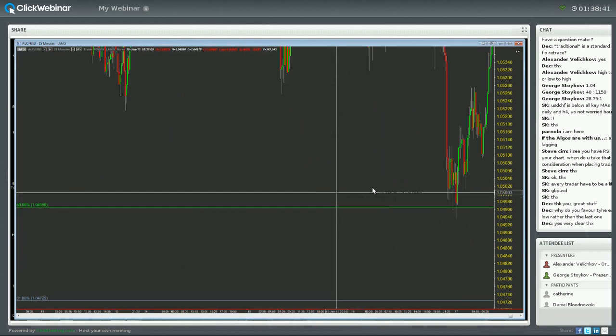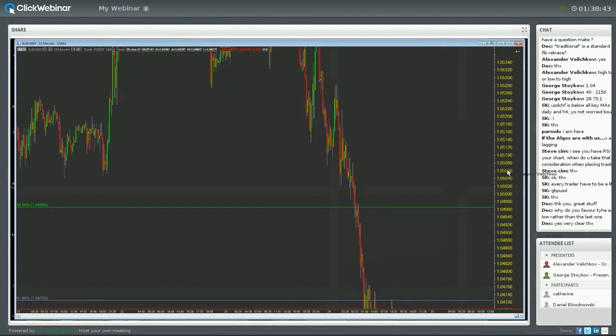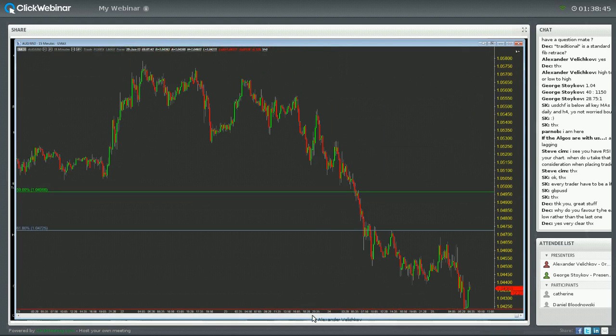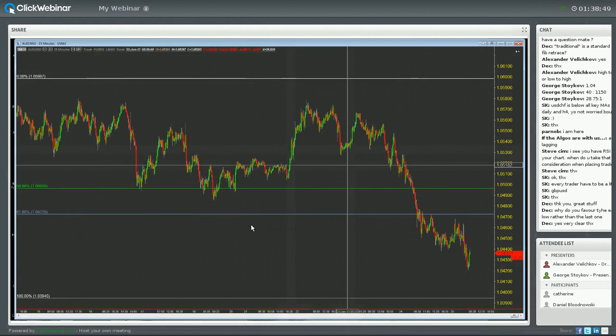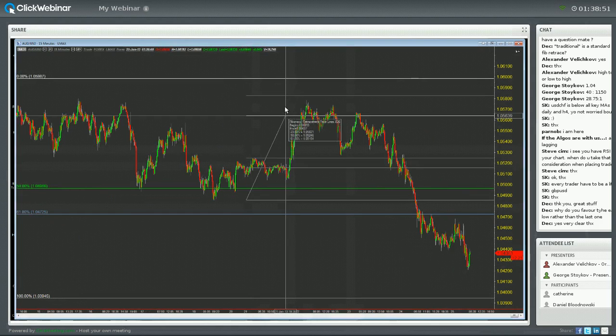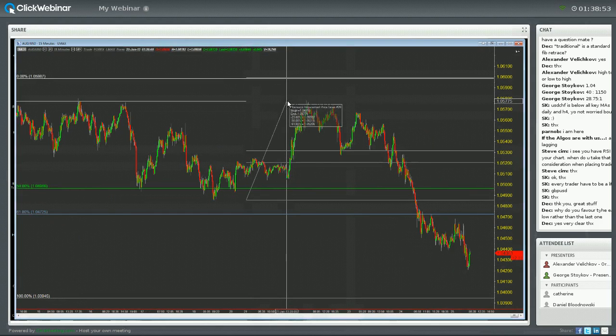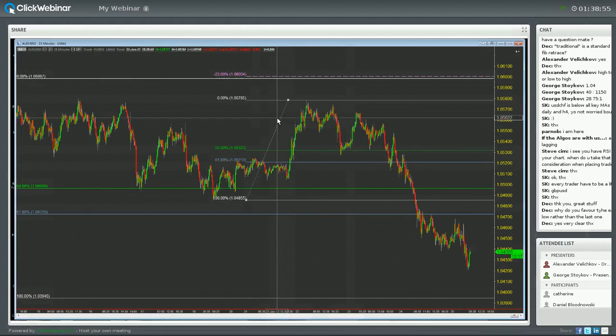Me and George, actually George didn't participate over here. We participated on the first ambush long after we broke shorts. You draw up the full halfway back long from your support level with your low, which was this one, to this high. As you can see, the first time it traded, I couldn't participate because I was sleeping at that point.